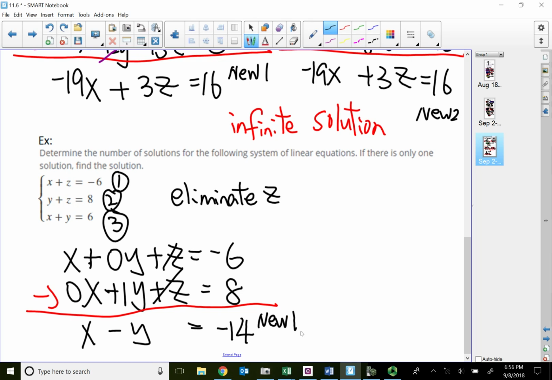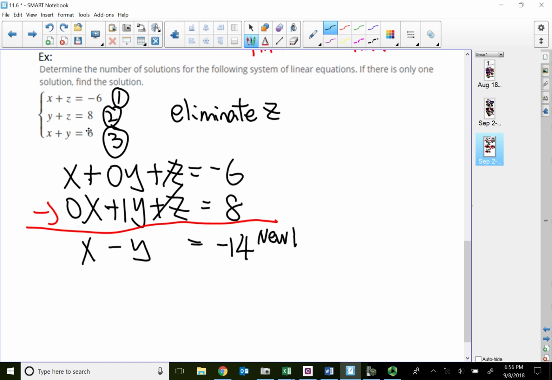It is interesting though, because if I eliminate the z, the only variable I got left is x and y. At the same time, my third equation only has x and y.